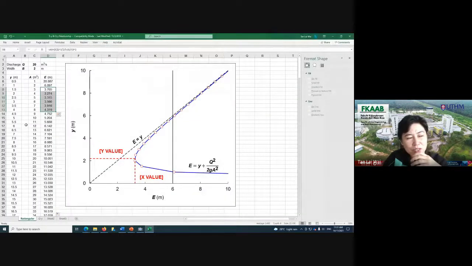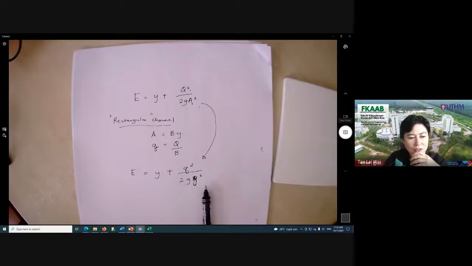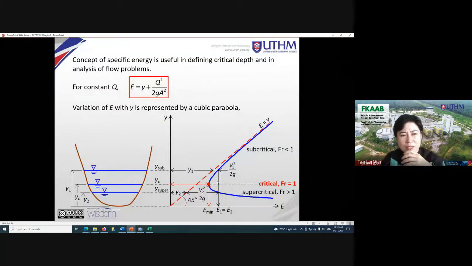I purposely wanted to show this, because as Y increases, your E will come back at the same value. I hope you are clear with that explanation.